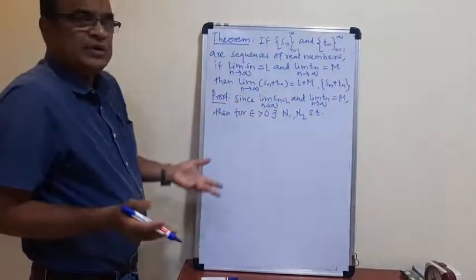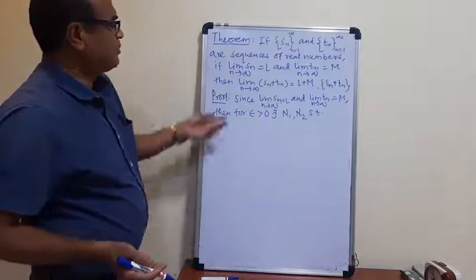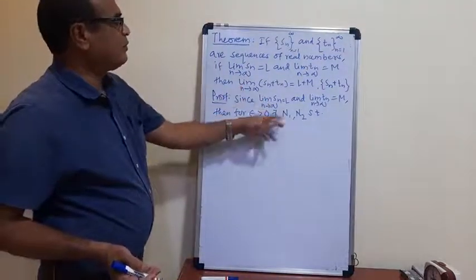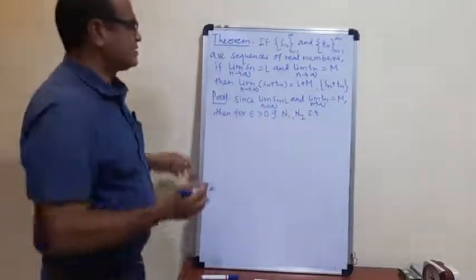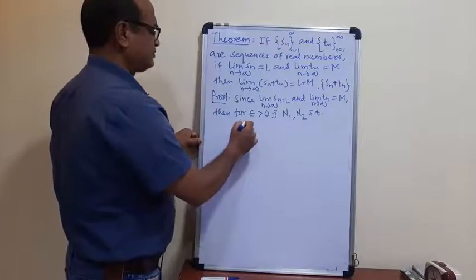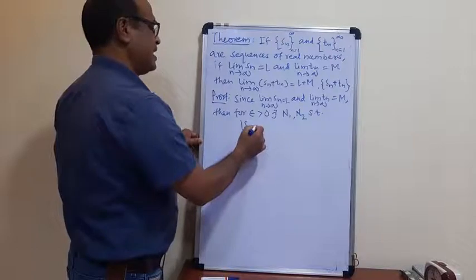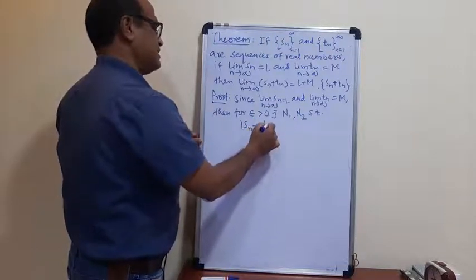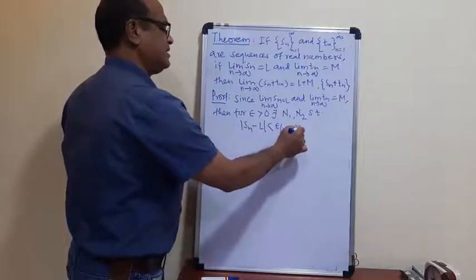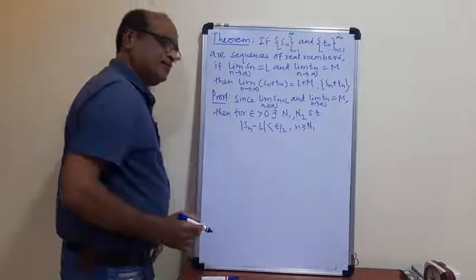We already learned the definition of limit. So for given epsilon positive, there exists n1 and n2: n1 for this, n2 for this. So by definition, mod of Sn minus L is less than epsilon by 2, where n is greater than or equal to n1.